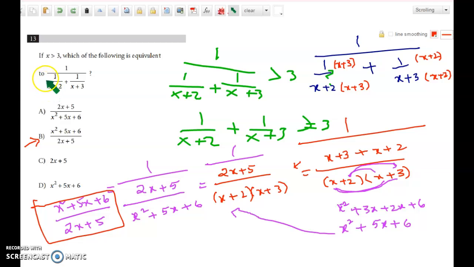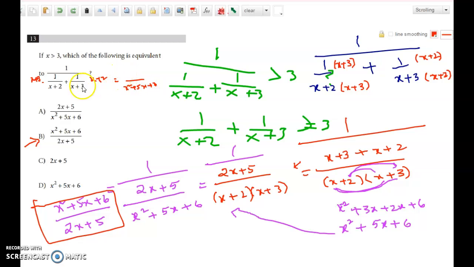What I'm going to do is multiply this x plus 3 and this x plus 2. Then I'm going to multiply this x plus 2, and obviously I'm going to get whatever they give you here, x squared plus 5x plus 6.